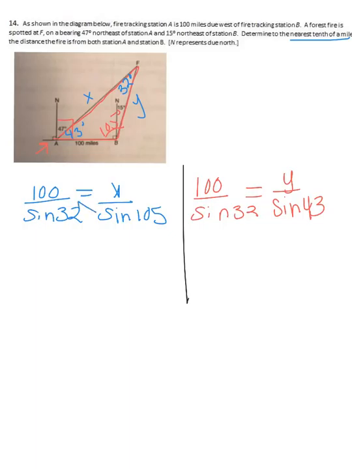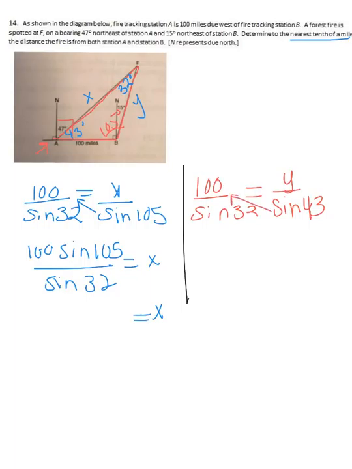Okay, so I'm going to bring this over here. So I have 100 sine of 105 over sine of 32 equal to x. And for the second one, I'm going to multiply 100 by sine of 43, all divided by sine of 32, and that's equal to y.